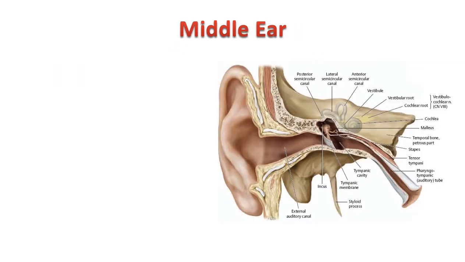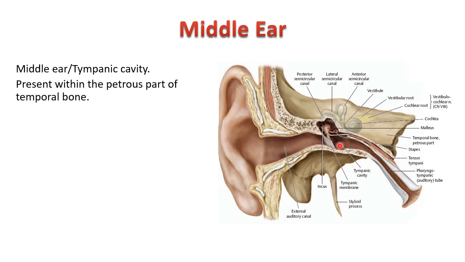Now we will pass on to the middle ear, also called the tympanic cavity. The middle ear, if you look at it, is mainly present within the petrous part of the temporal bone. Both the middle ear as well as the internal ear are situated within the petrous part of the temporal bone.